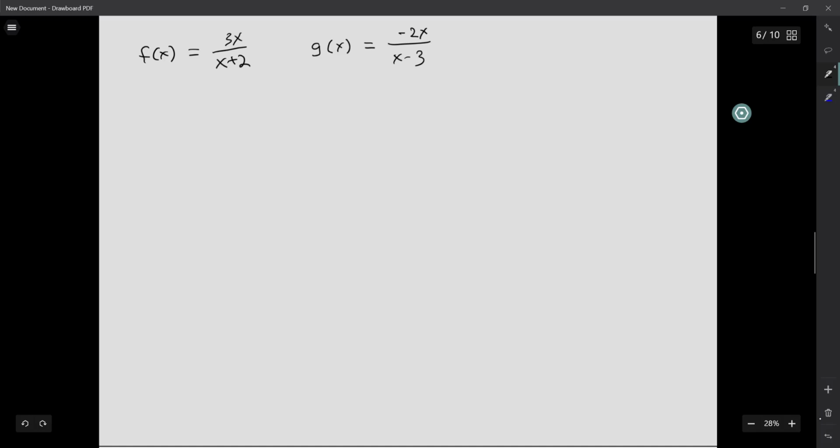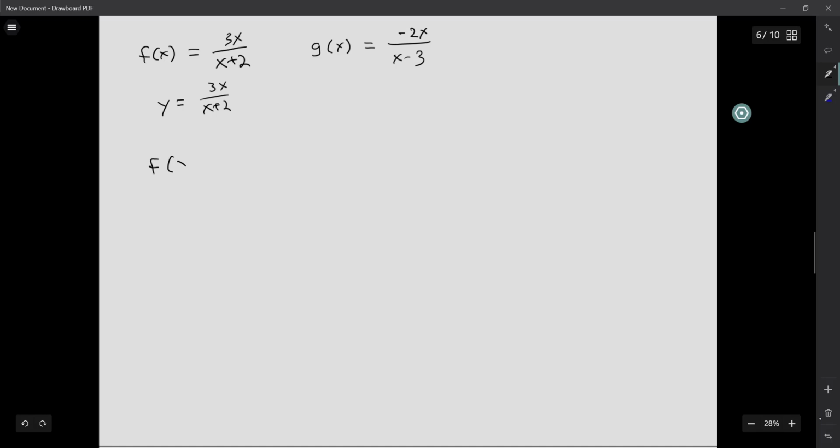And in fact, if you start with this f of x and you do the work to try to find the inverse, you'll end up with this g of x. So that means if you say this is y equal to 3x over x plus 2, and then you swap x and y, and then you solve for y, you're going to end up with something that looks like g of x. So let's verify.